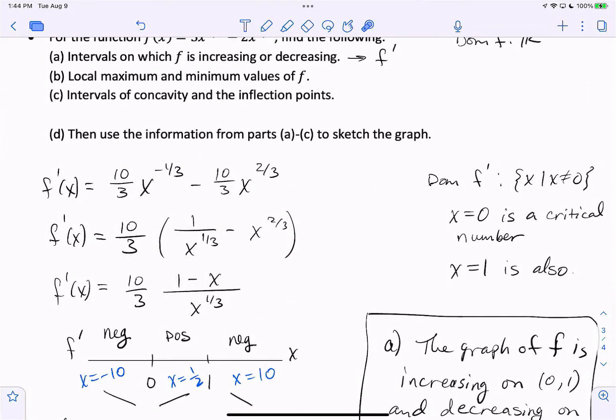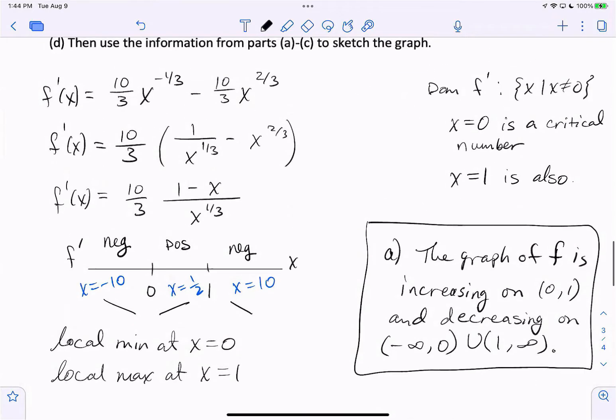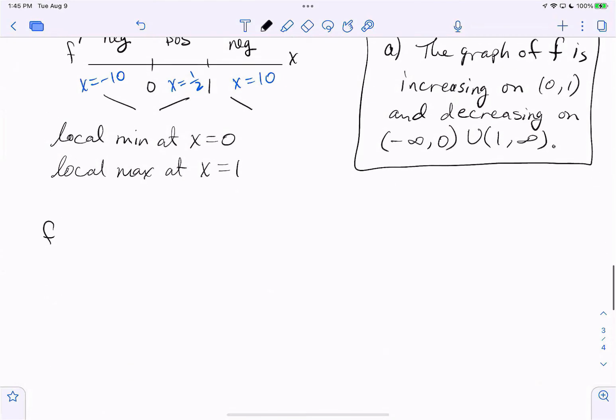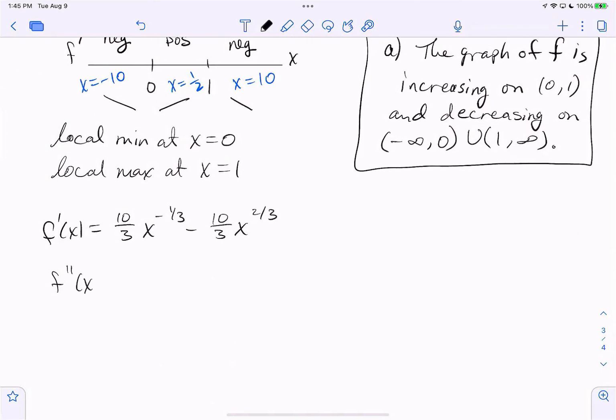We're also looking for intervals of concavity and inflection points. That means we need f double prime. So I'm going to take this form of f prime that makes it easy to use the power rule on and rewrite it. And let's find the second derivative.